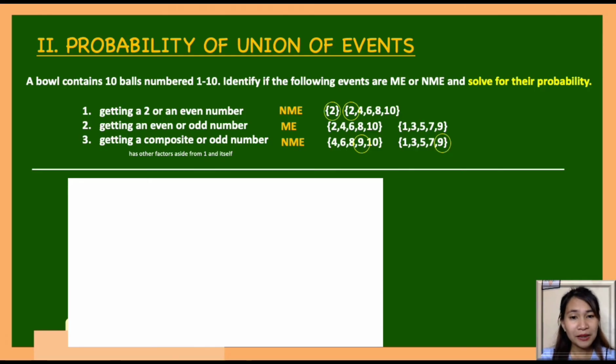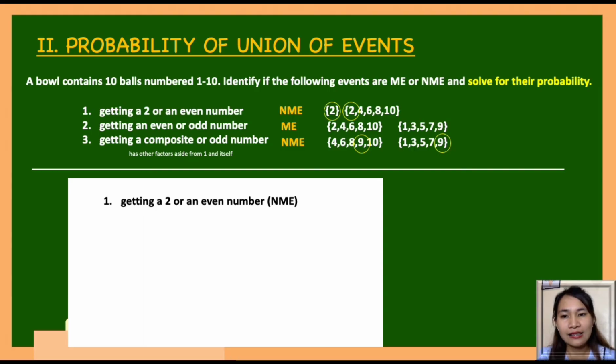So using the same events, let us solve for their probability. We have identified the events as ME or NME, and then we solve their probability. For number 1, getting a 2 or an even number, we already identified it as not mutually exclusive events.